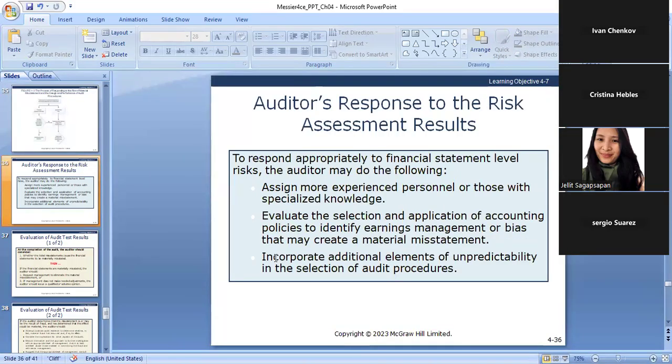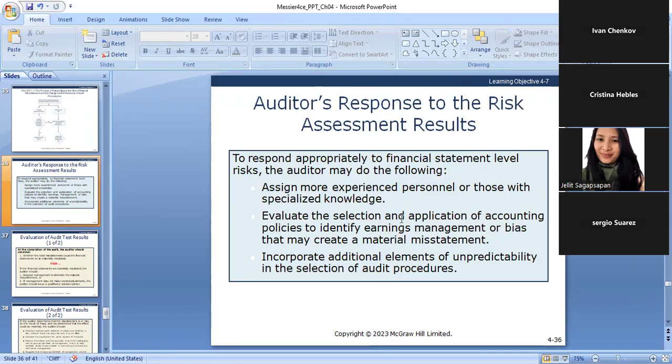So now let's see what this one's going to tell us. Audit responses to the risk assessment results. These are the possible responses. Assigning more experienced personnel. If we want to respond appropriately to the financial statement level risk, we have to change something on the detection risk. What are we going to do? Assign more experienced personnel.